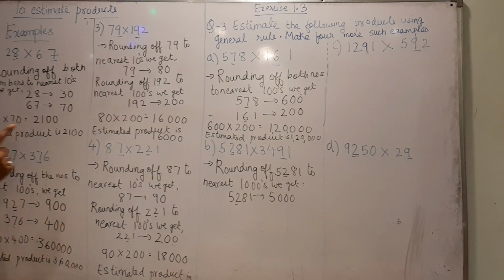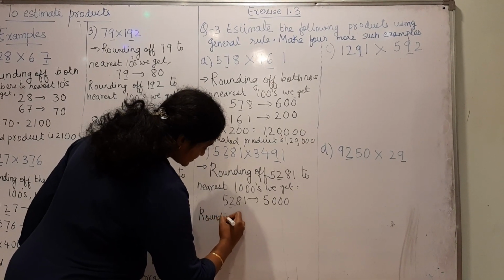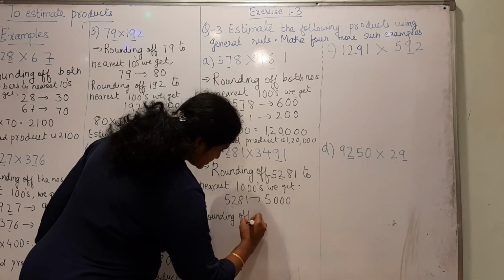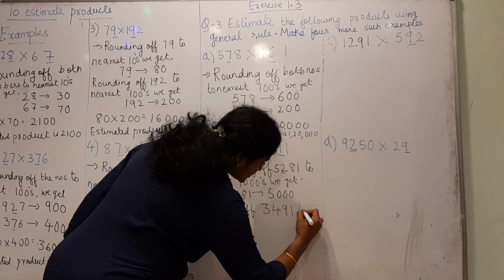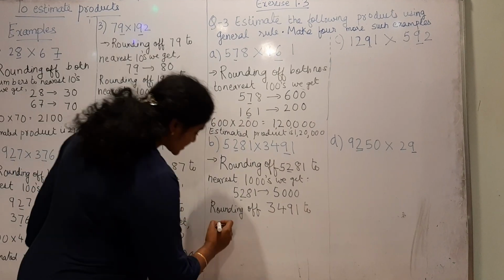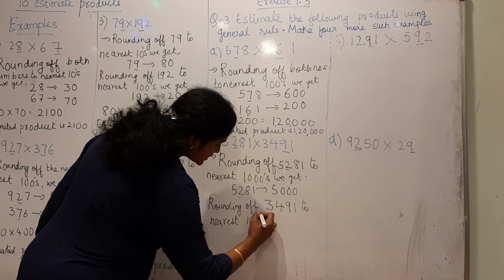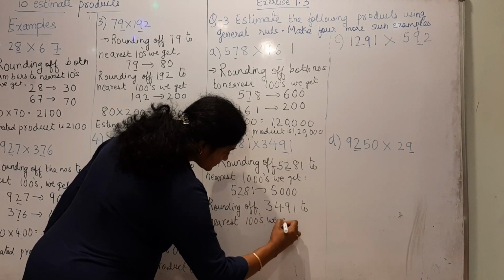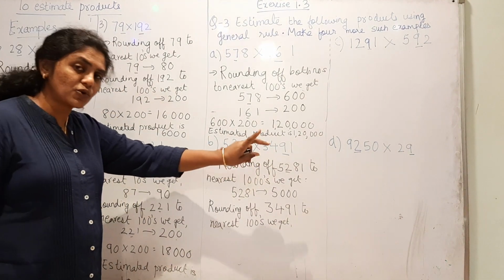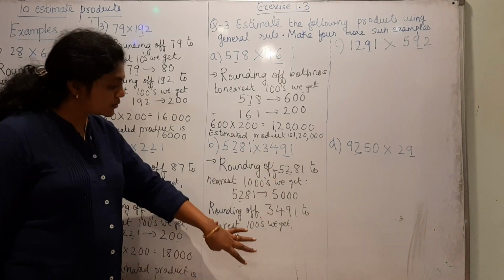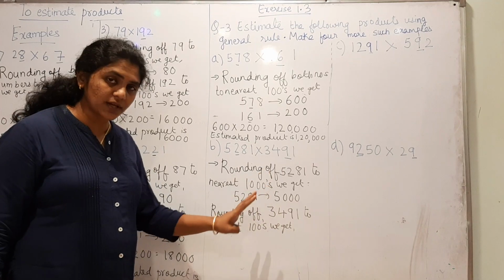Similarly, rounding off 3491 to the nearest hundreds, we get... you can round off this number to the nearest thousands also, no problem. You can round off to the nearest hundreds. If you do like that, multiplication will be easier.